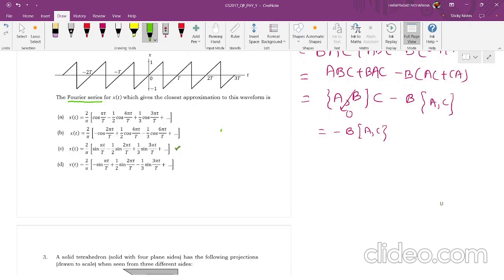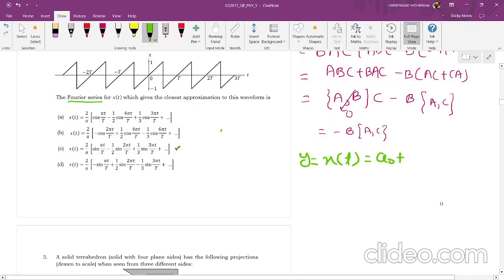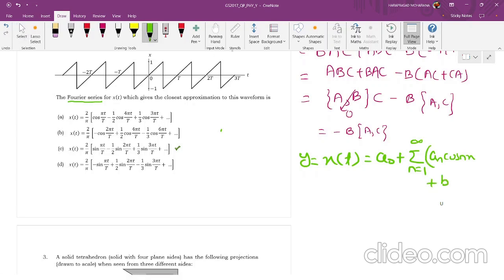The even functions are the cos terms, and the odd functions are the sin terms. If I write the expansion, it will go like this: x of t is equal to a0 plus summation over n equal to 1 to infinity of an cos nx plus bn sin nx.